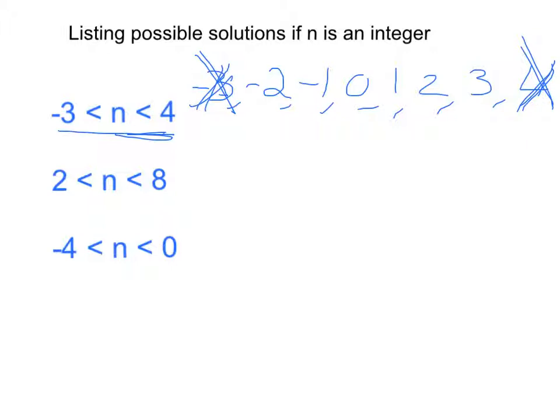Let's have a look at the second one, but this time I'm going to add in an extra line, and on this one I'm going to add in extra lines on both of them so you can see what these would look like. So for this second example, again we know n is between 2 and 8, so I'm going to write out all the numbers between 2 and 8.